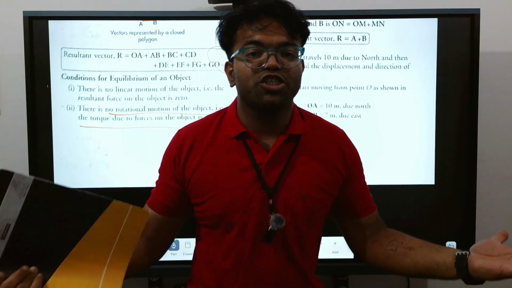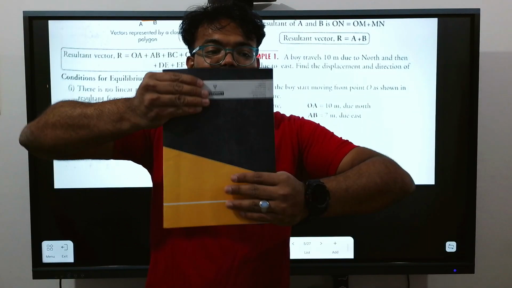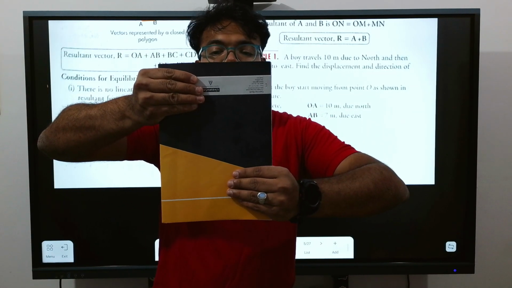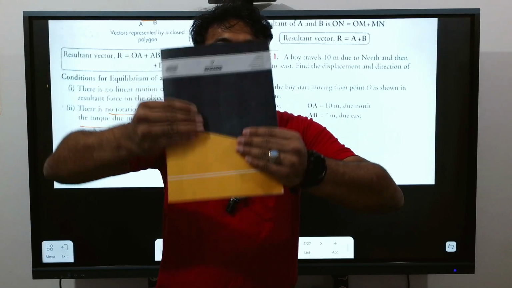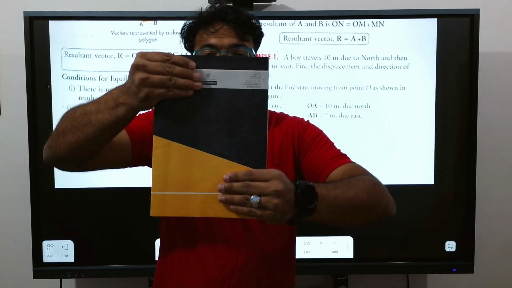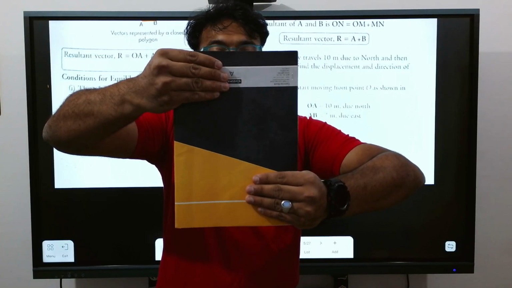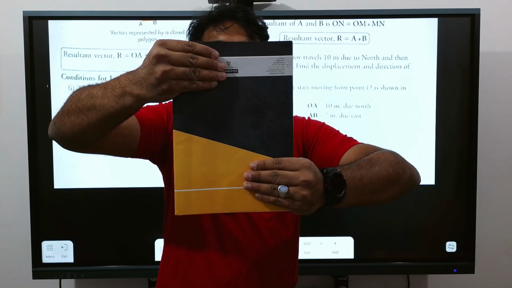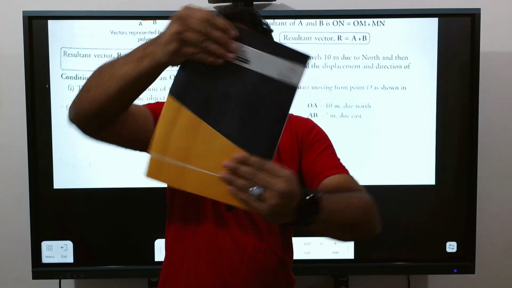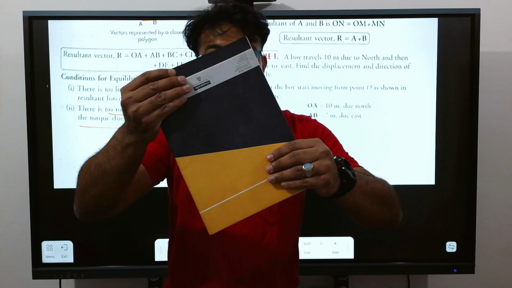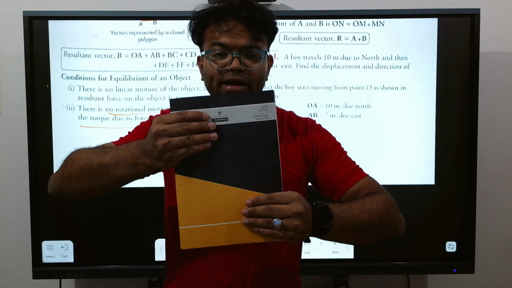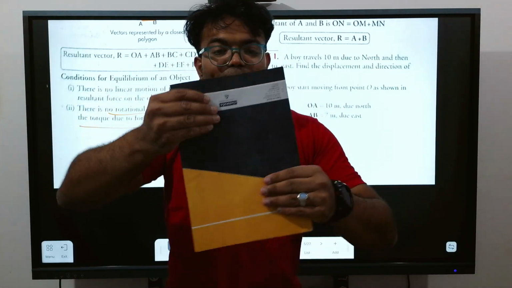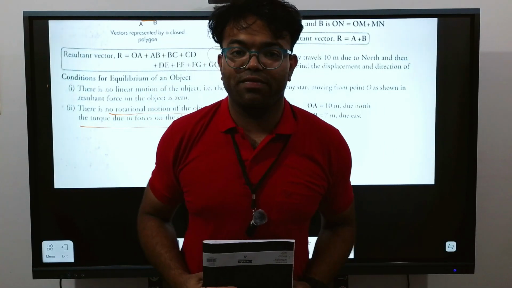Torque is the rotational force. You applied a force like this and a force like this. Both of them are in the opposite direction, but they're not at level with each other. And if they're not at level with each other, then by applying a small force, you start turning. Drupad, I'm not turning it. I'm only applying the force. If you have doubts, you can try this yourself at home.